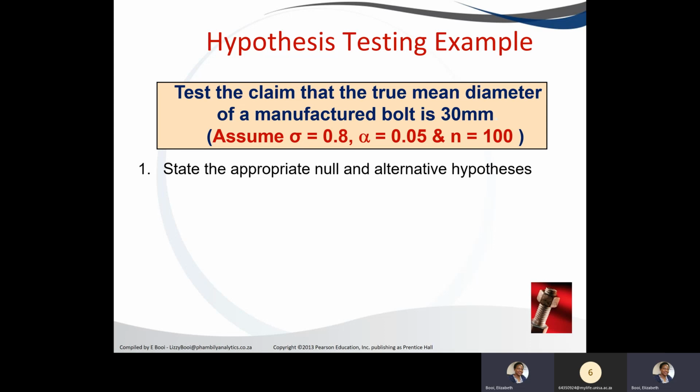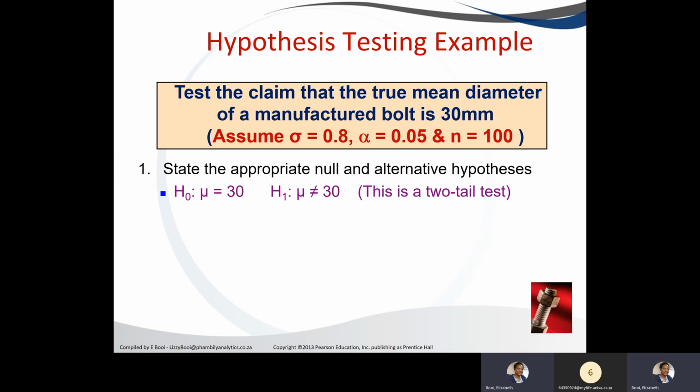If we read the question, test the claim that the true mean diameter of the manufactured bolt is 30 millimeters, it tells us this is an equal sign. Stating the null hypothesis, the mean is equal to 30. The alternative will say it is not equal, because it will be the opposite of that.